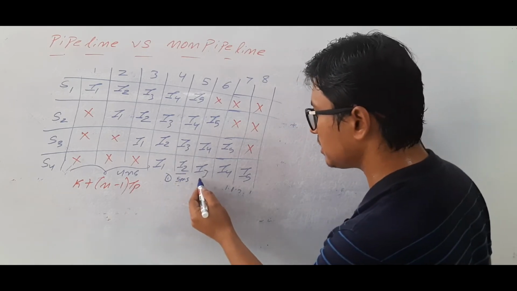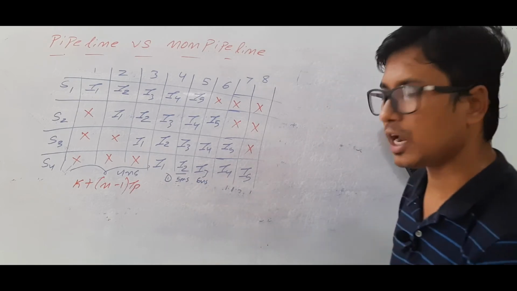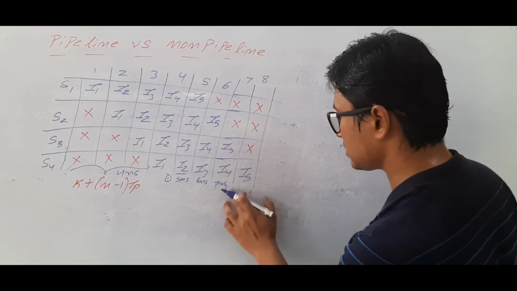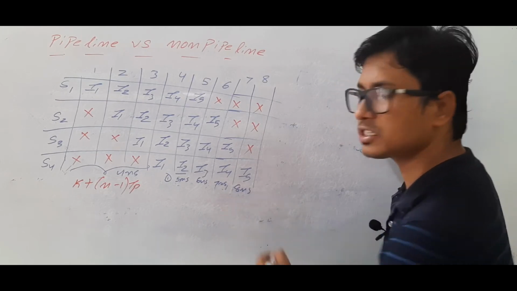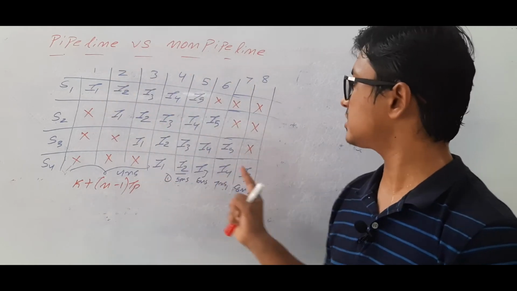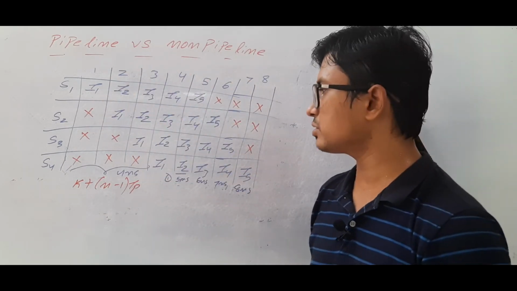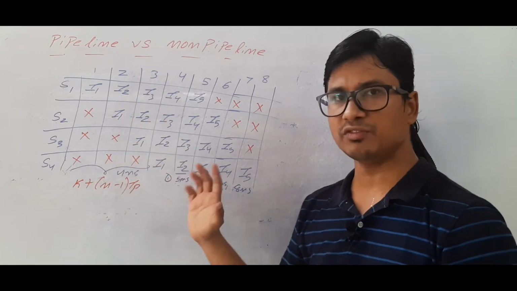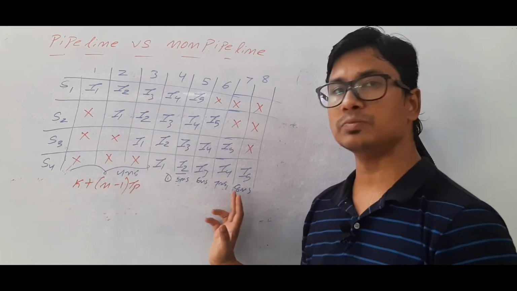Similarly, instruction 3 has completed at 6 nanoseconds. Instruction 4 has completed at 7 nanoseconds. At the 8th nanosecond, instruction 5 is completed. Am I right or wrong? Totally 5 instructions have been completed in 8 nanoseconds, but instruction 1 has taken 4 nanoseconds, but I am talking in terms of time.